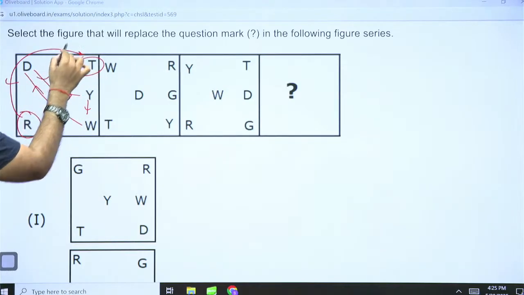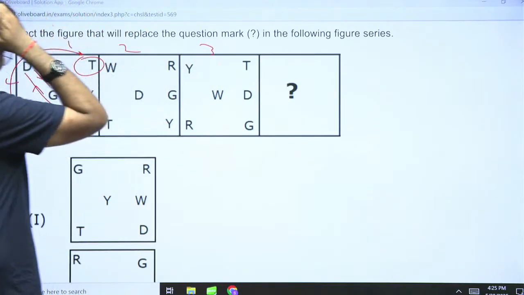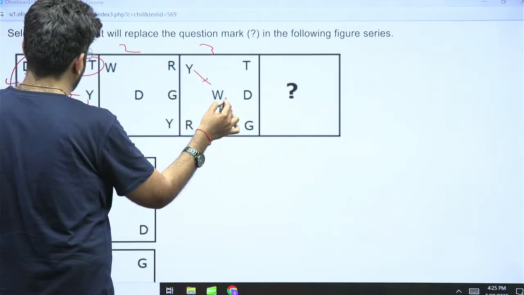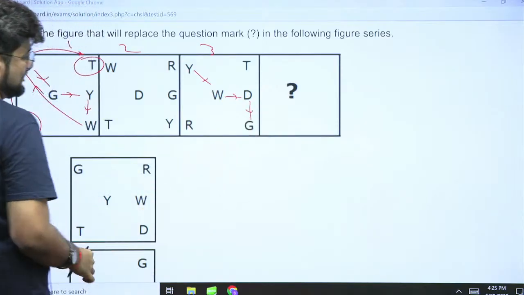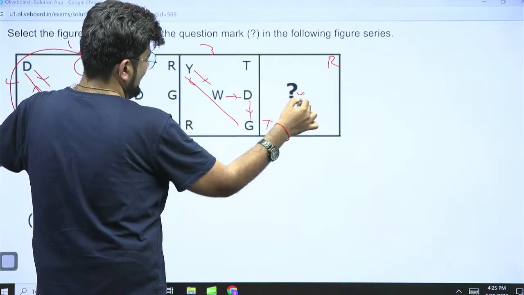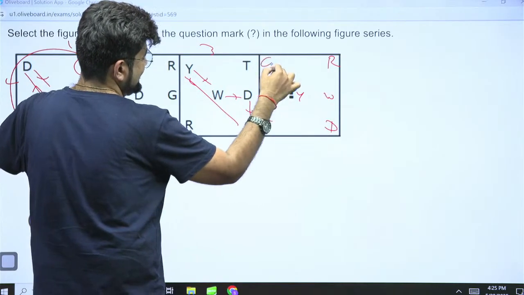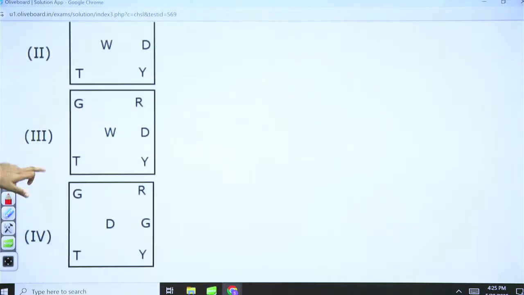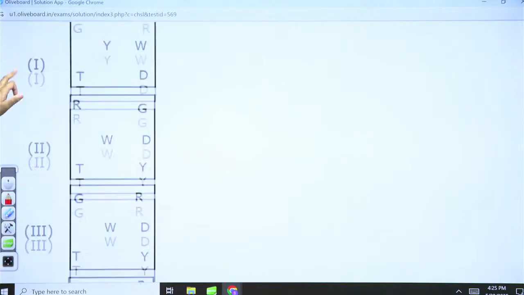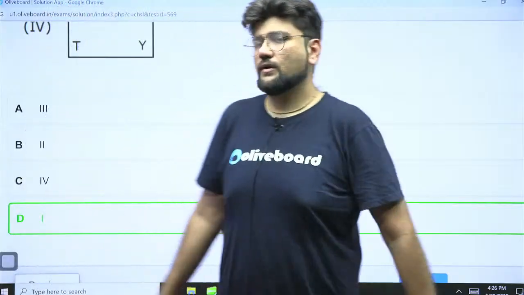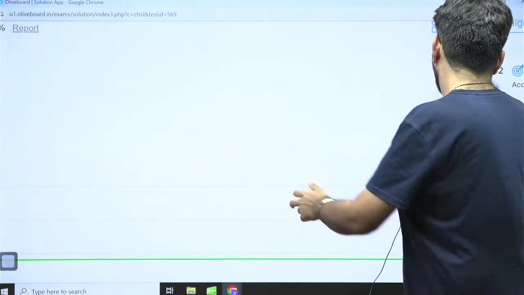This is the movement from 1, 2, 3. Okay. So the same movement has to be repeated here also. So Y will go here, W will go here, D will come here, G will go on the top, R and T, Y, W, D, G. Is this making sense? G, Y, D, R, W, T. Option A is making sense. Isn't it? Figure 1. Correct. Okay. Simple movement pattern, nothing else. Next.